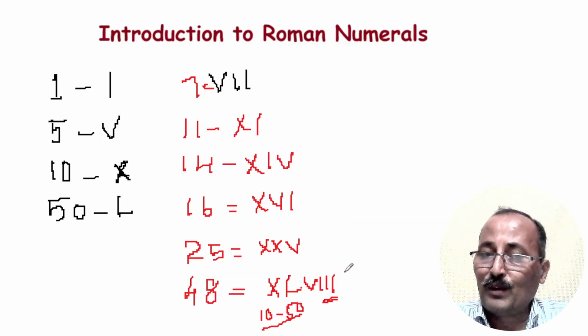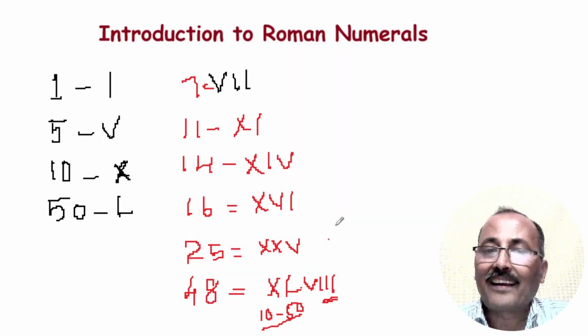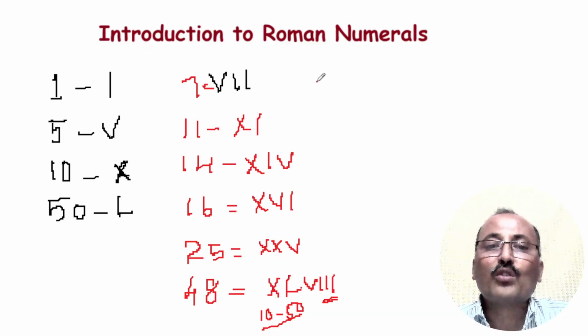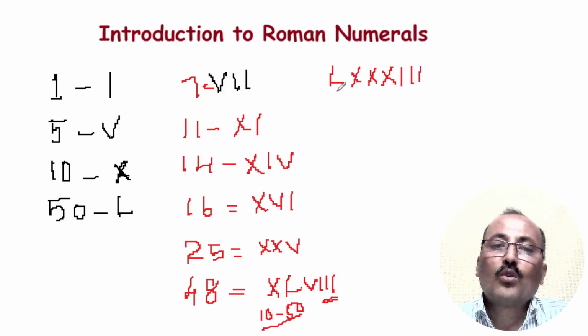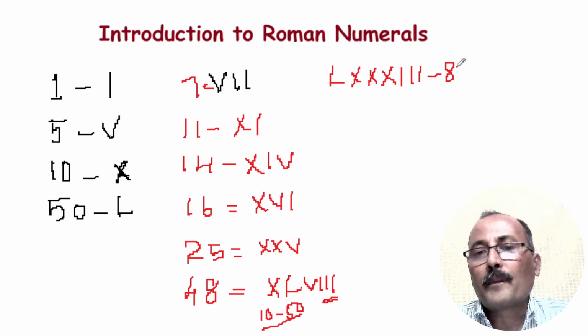But do you know how much you can create here? According to our rule, what can you use? L. If you use L, then X, X, X, and you can't use V, so 1, 1, 1. So L is 50, XXX is 30, and 3, so 83 is this number.